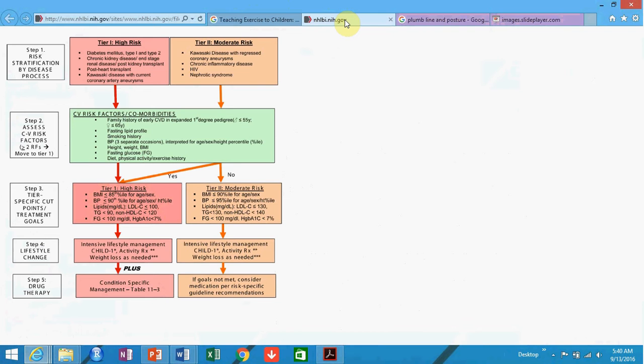For children as well, as we would do for adults, we do a risk stratification, and here you will see child 1, intensive lifestyle management, and so forth. Similarly to adults, you'll go through a similar risk stratification, asking about family history, their cholesterol profile, and obviously smoking, though for kids this is more indirect, with parents who are smoking.